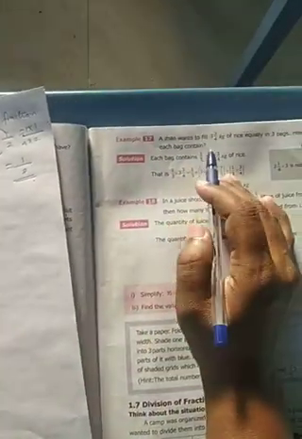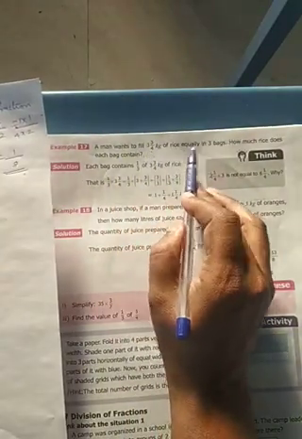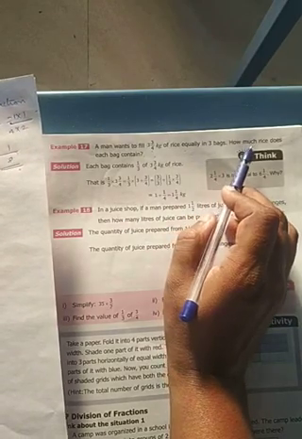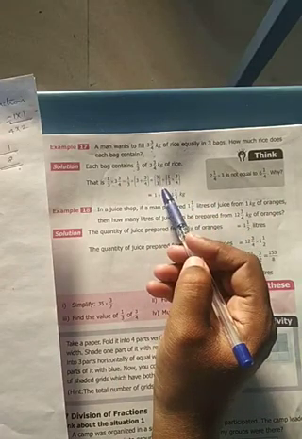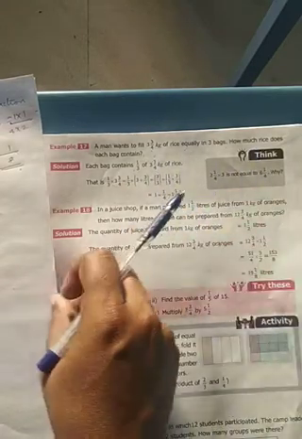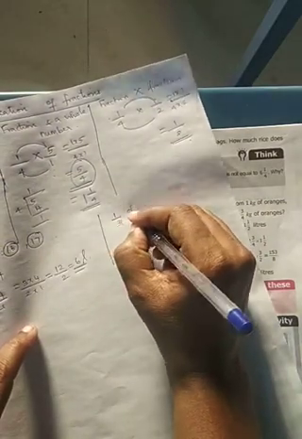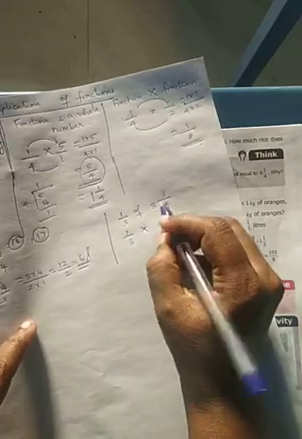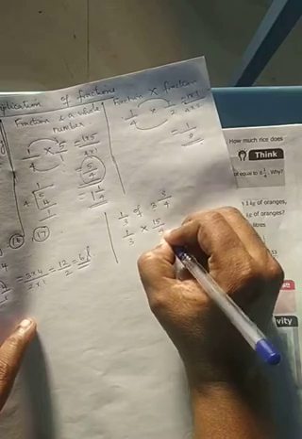Now coming to the 17th one, a man wants 3/4 kg of rice in 3 bags. Okay, so each bag should contain 1/3 of 3/4. So that is 1/3 into 3/4.